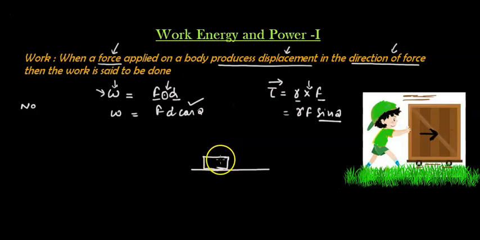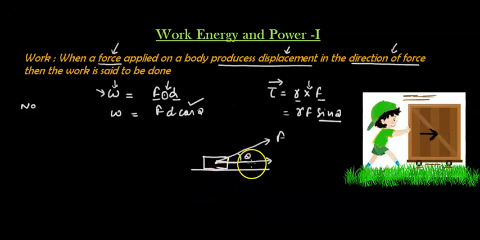Now I'm applying a force like this. This force is making a certain angle with the horizontal line, and when I apply the force, the box moves in this direction.